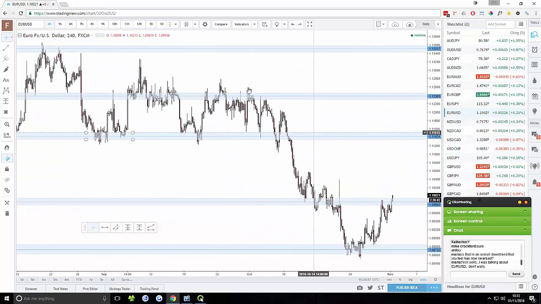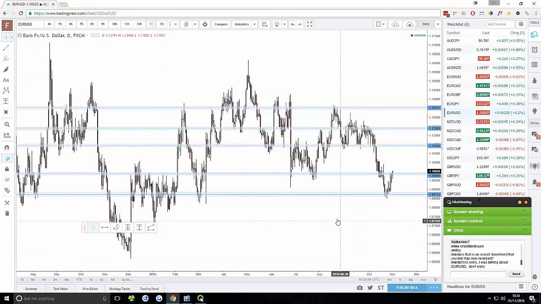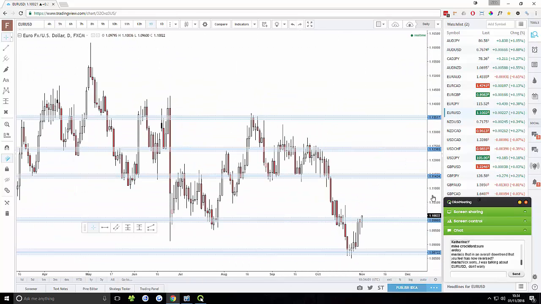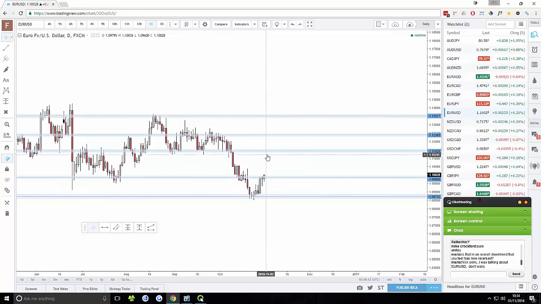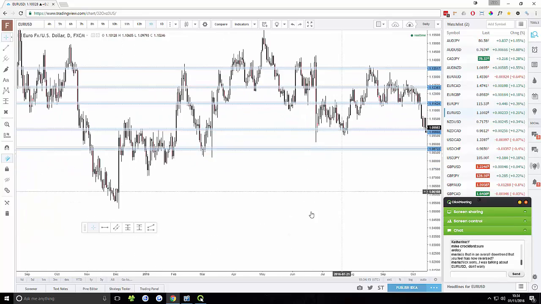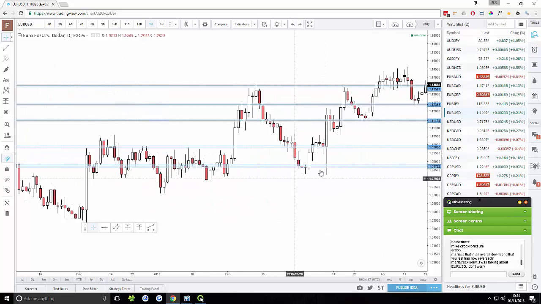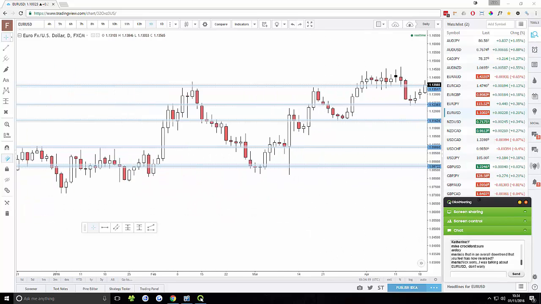Okay, so you're asking, is this the end of that overall downtrend that we saw on the daily? It could very well be. As always, trends have to end at some point, and this could be the end of that trend. It is a pretty big retrace right now. It has really turned around, and it turned around from a very significant low. This low here is hugely significant.